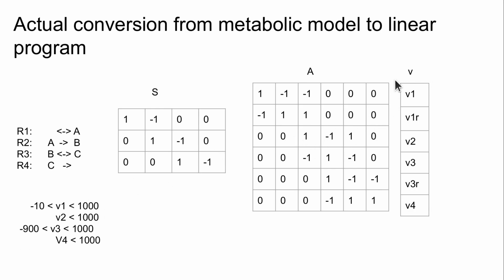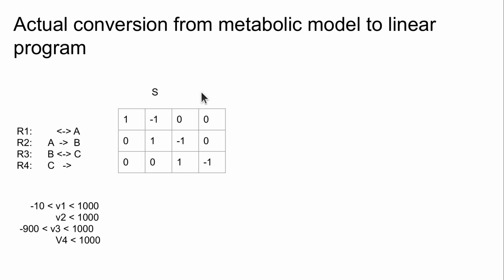So that is our first set of constraints. This is how we represent this stoichiometric matrix set of constraints in a linear program. But the stoichiometric matrix is not the only constraint that we have. We also have the bounds on each individual flux, and the problem is that these aren't part of the stoichiometric matrix.